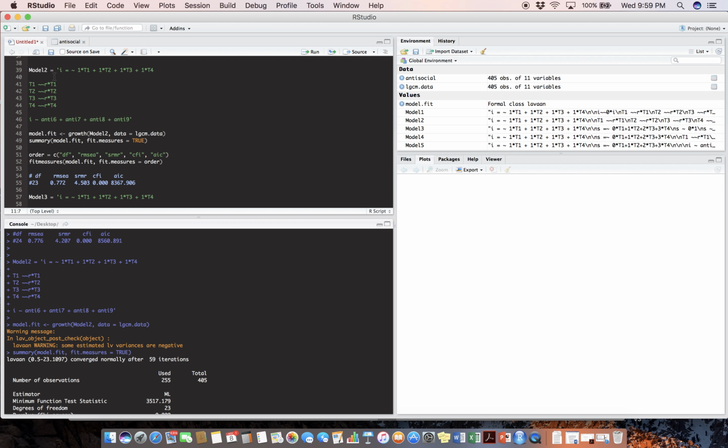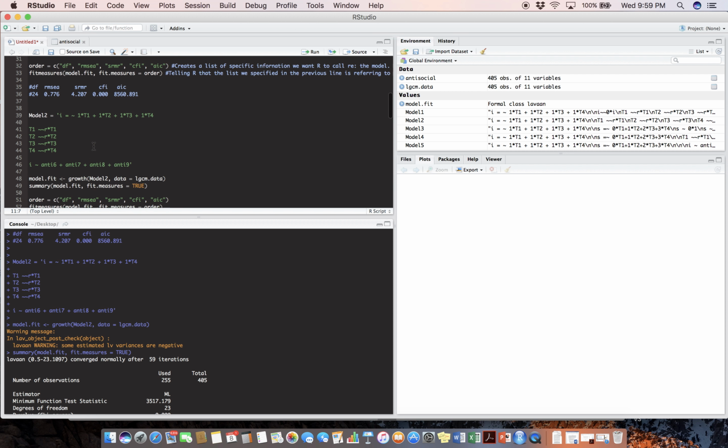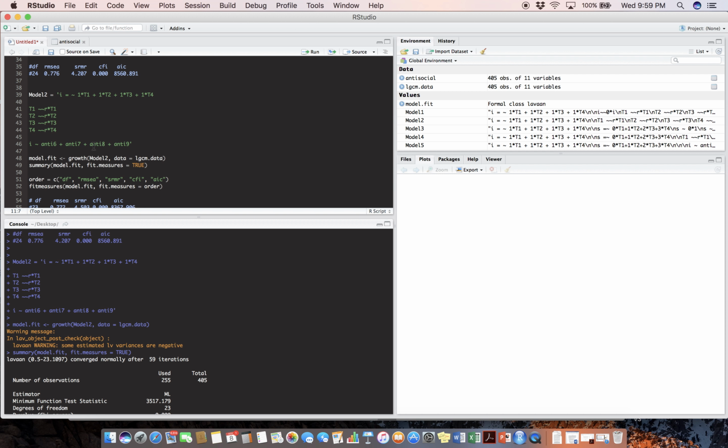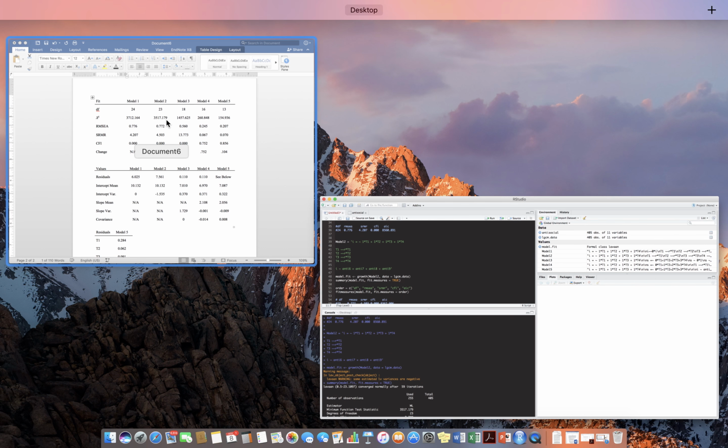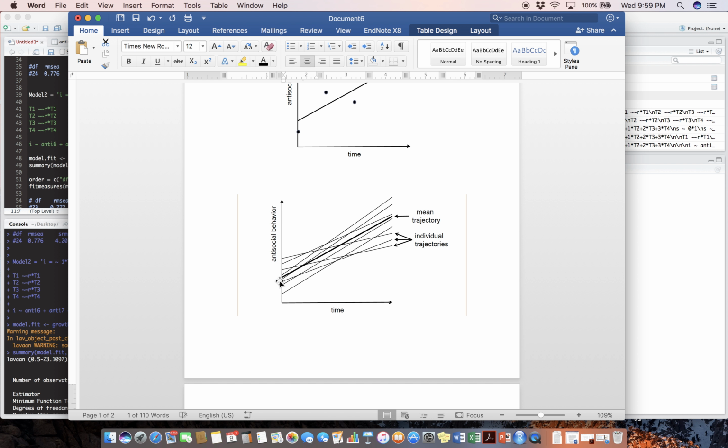In other words, we've removed the constraint of the intercept variance equaling 0. Specifically, we've allowed our intercept variance to be greater than 0. So now, rather than starting at a single point like here, we're taking into account that people are at different levels of antisocial behavior, so they start at different points.